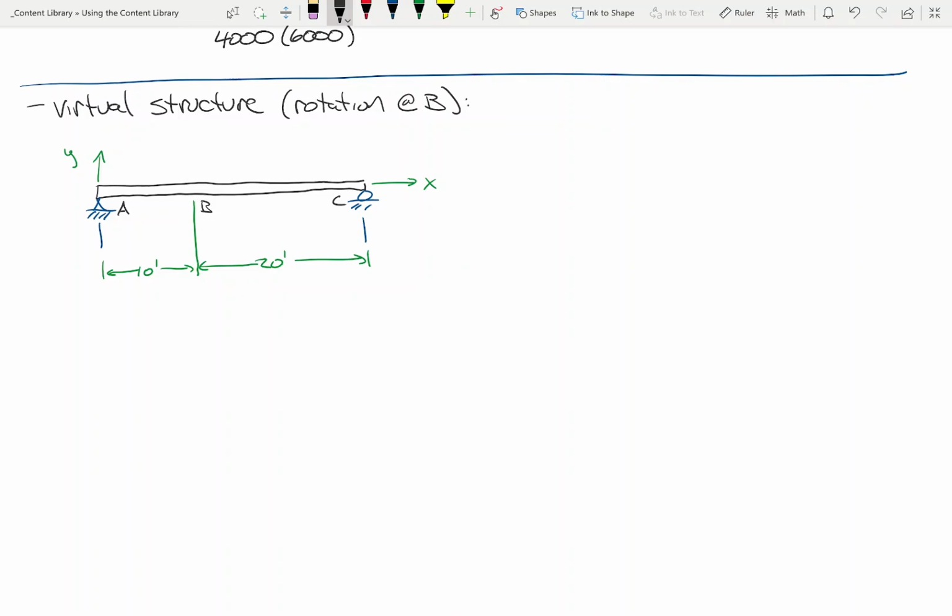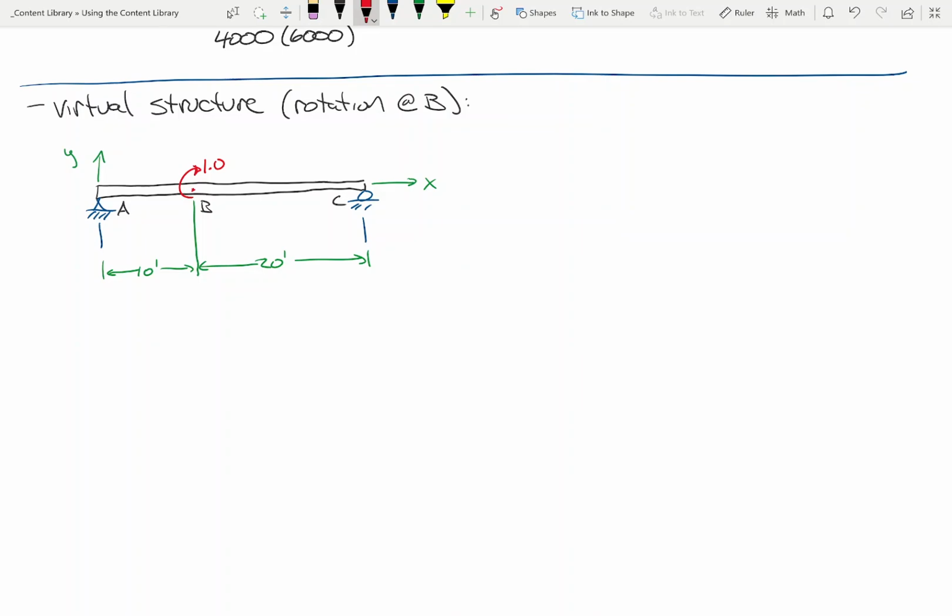Okay. Now, for the rotation evaluation, we don't place a unit force, we place a unit moment, okay? So what I'm going to do is place a moment right here that looks like that, okay?